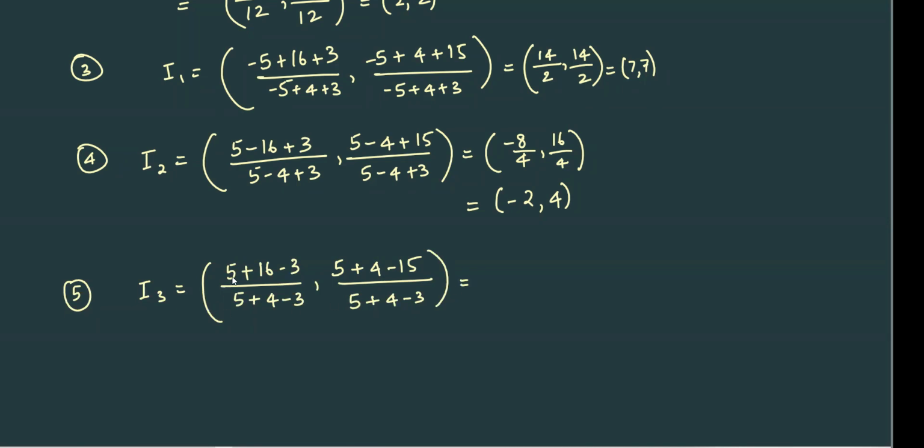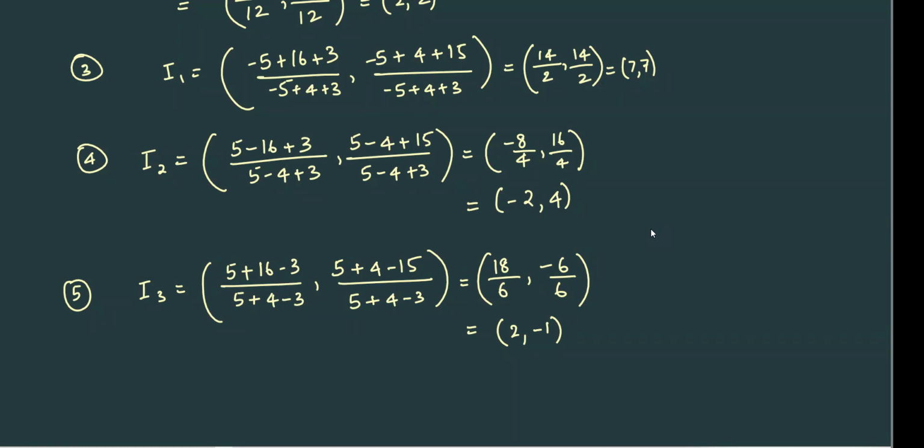So we get 5 plus 16, 21 minus 3, 18 upon 5 plus 4 minus 3. 4 minus 3 is 1, 5 plus 1 is 6. Here we get 9 minus 15 is minus 6 upon 6. So we get the answer as 2, minus 1. One of you has got this correct, the other has made a mistake.